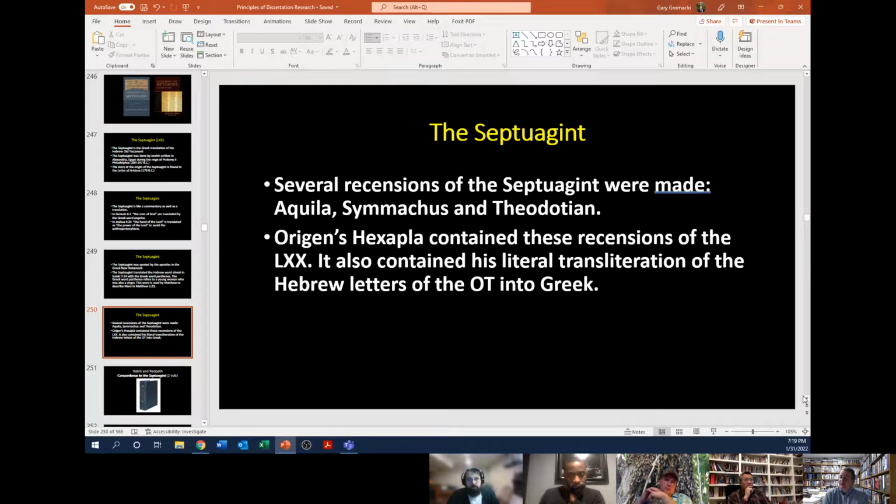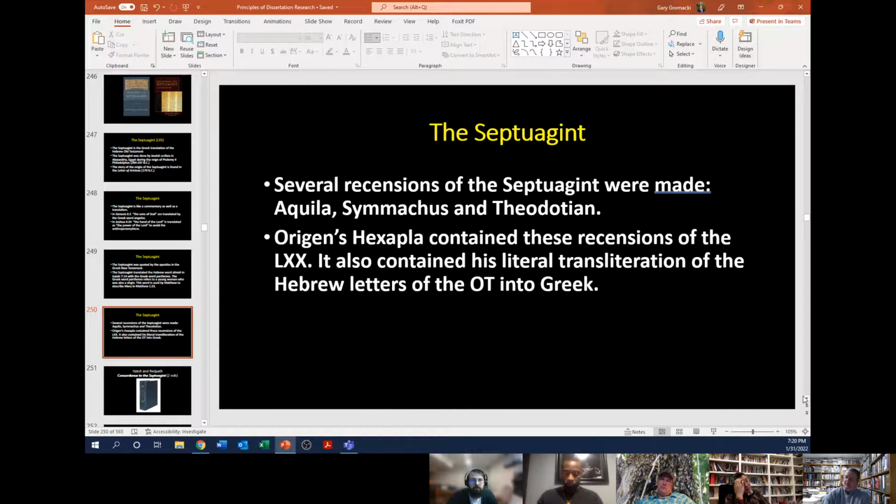Now, there were several recensions of the Septuagint, so not all the Septuagint translations were the same. Aquila, Symmachus, Theodotion, several recensions there. And then the famous Origen's Hexapla, which contained these recensions, also has his literal transliteration of the Hebrew letters of the Old Testament into Greek.